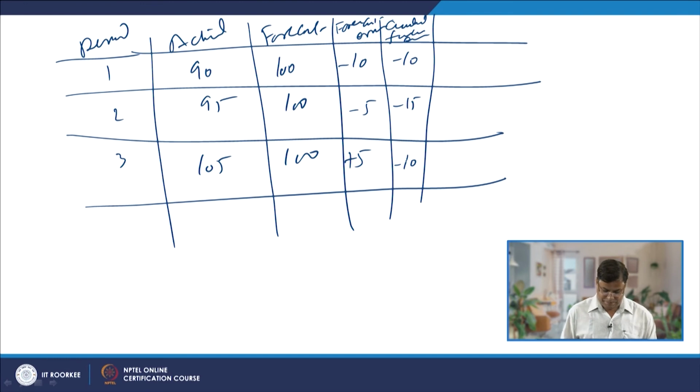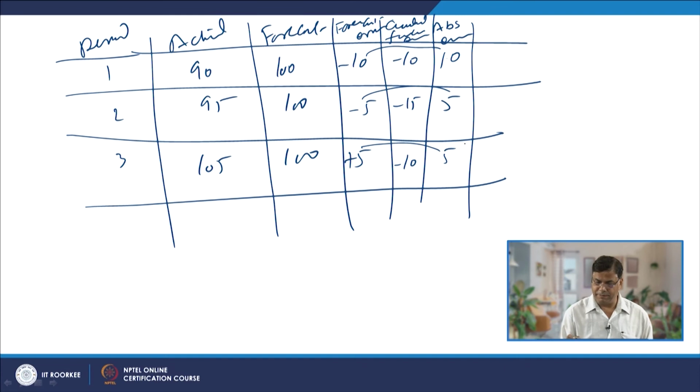Then the mean absolute error: the absolute forecast error here is 10, 5, taken directly from here, 5, 10, 5 and 5.